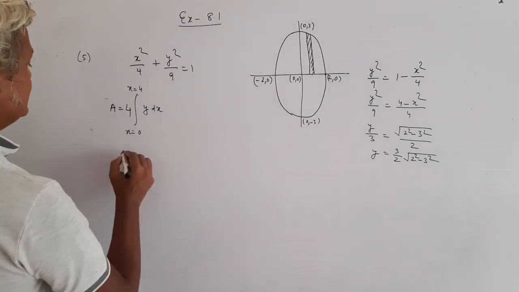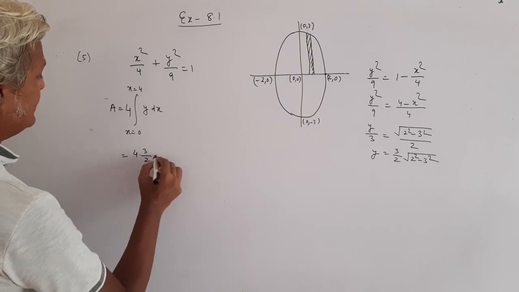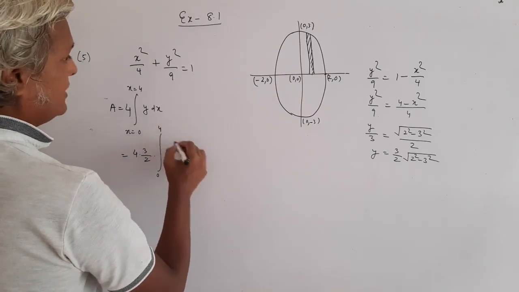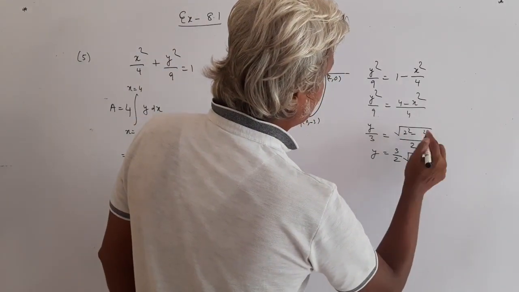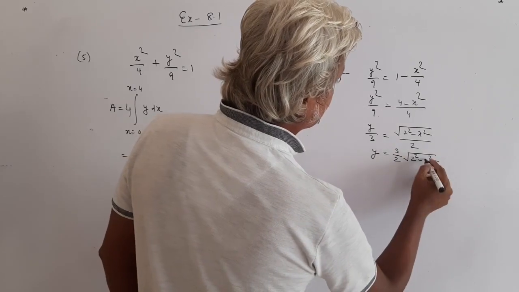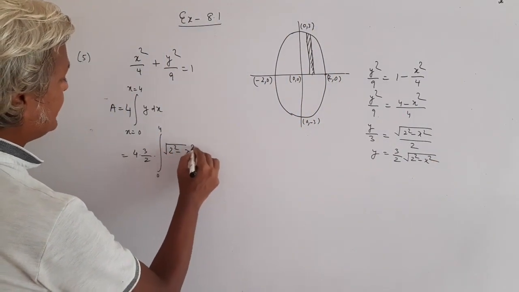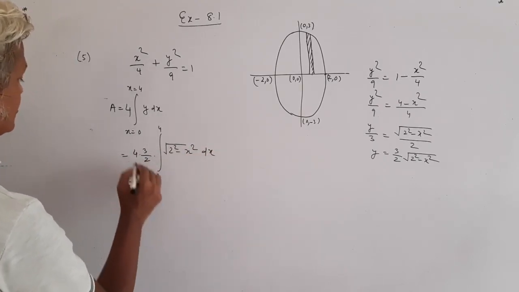So this is 4 times 3 by 2, which I write outside, and the integration from 0 to 2 of under root 2 square minus x square dx. Sometimes I forget some things, this is x square. This is 6.